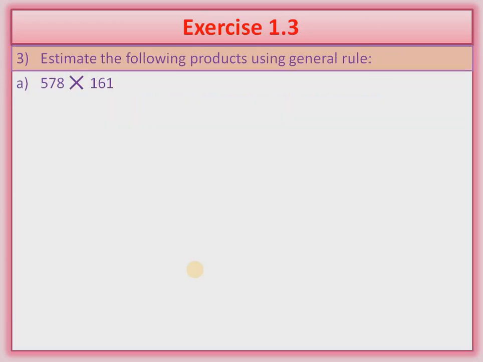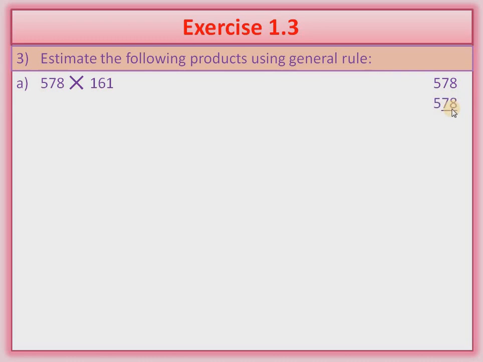Okay, now question number 3. Estimate the following products using general rule. Okay, so here what we have to do, 578 बेटा हम उसको राउंडिंग ऑफ 100 ही कर देते हैं. So first I am going to take this number, so we will make line last 2 digit.